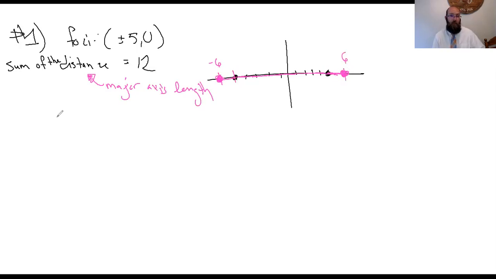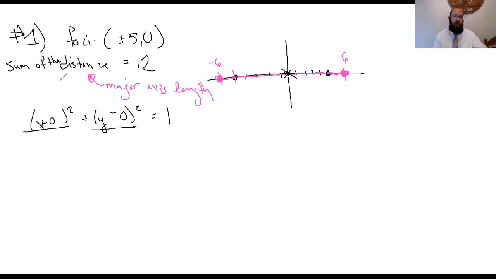Cool, that gives me a lot of information. Let's go down and start adding some stuff to the formula that we know. If I creep into the middle, X marks the spot, and that's my center. So I'm still at the origin. X minus 0 squared over something plus Y minus 0 squared over something always equals 1. Now let's look into the denominators. The major axis length was the sum of the distance. They gave me that.